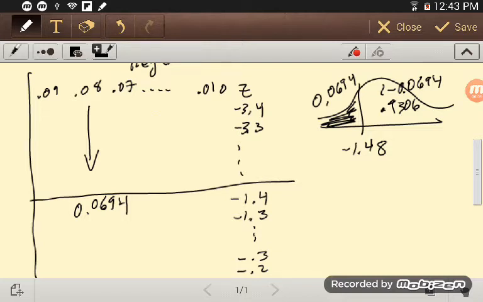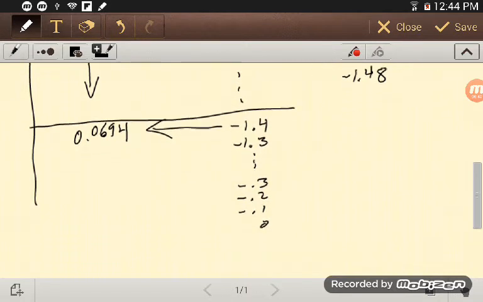That's how the table works: you give me a value of z, at least to these 2 decimal places, and I go in here and take the first part, negative 1.4, and then the 0.08, and I put those 2 things together, and whatever number I come to is what proportion of the population is to the left of that number.